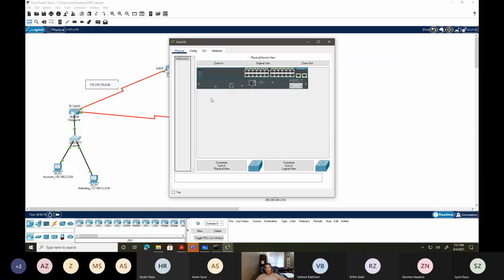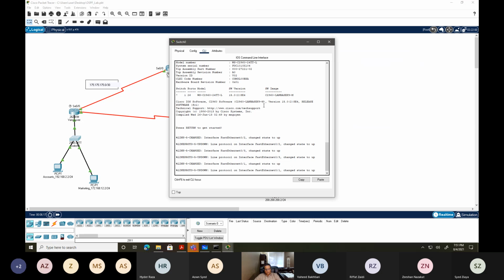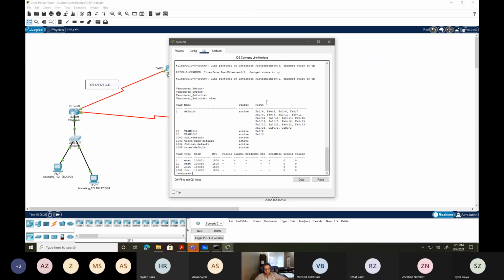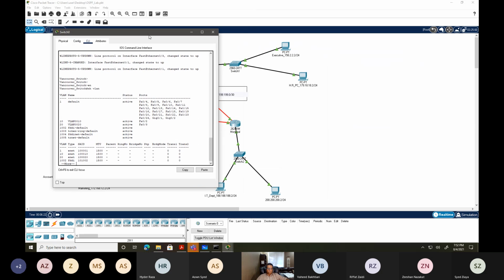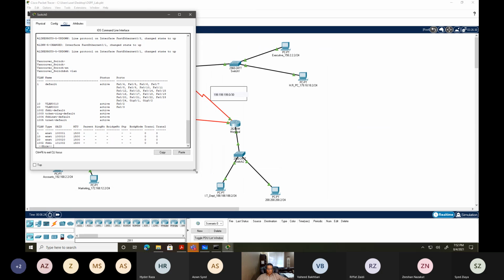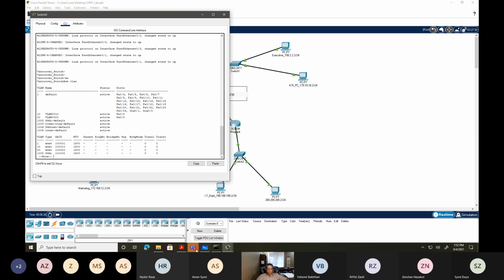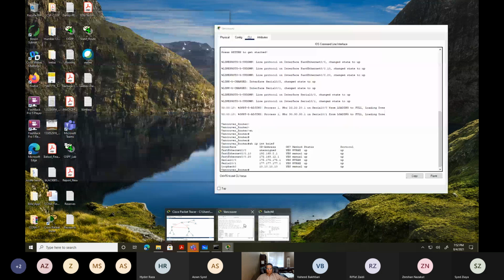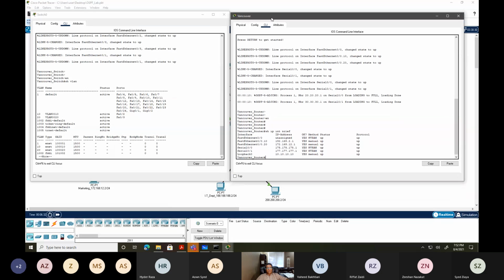I created this. This is a switch in Vancouver. Show VLAN.